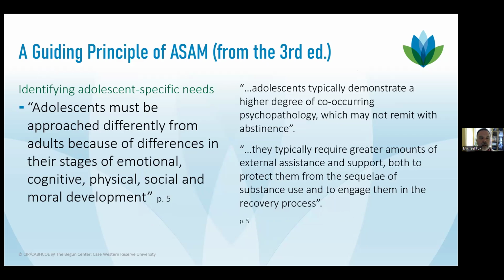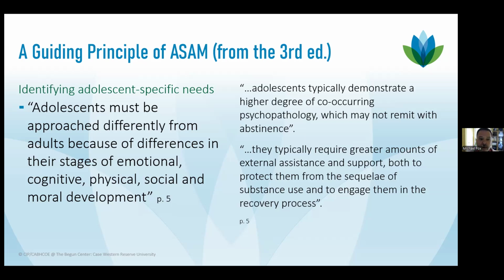So often things that are designed for adolescents, and I don't know if this is completely accurate, but it feels like, especially in the drug and alcohol field, were taken from adult models and just backed up and placed on adolescents without an understanding of what's very different in that developmental period of life, and how just backing things up very rarely worked. And so ASAM, over 10 years ago, was cognizant of this. In that third edition, they separated considerations for adults and adolescents, and they were very intentional in that.